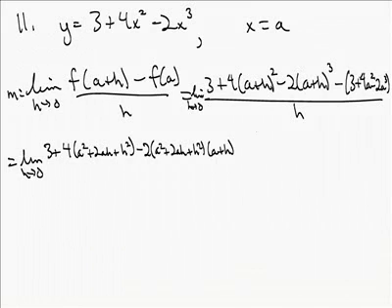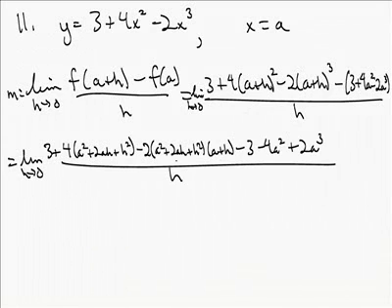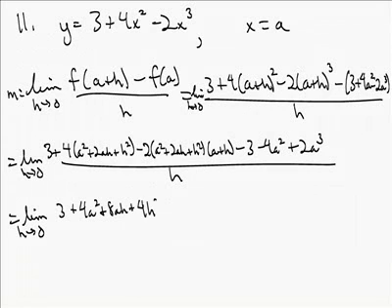Now, distributing the negative through the second f of a, we have minus 3 minus 4a squared. A minus times a minus makes it a plus 2a cubed, all over h. This becomes then the limit as h approaches 0 of 3 plus, let's distribute this 4 here, 4a squared plus 8ah plus 4h squared.